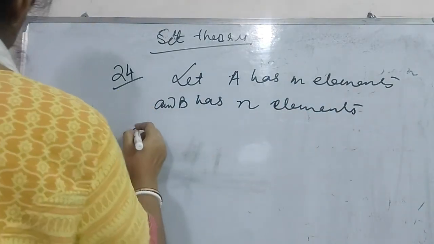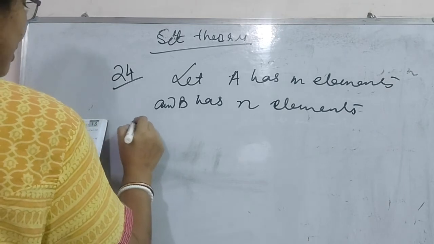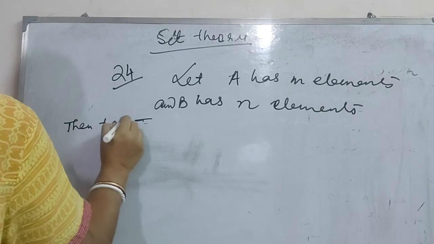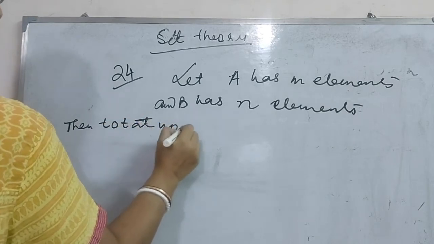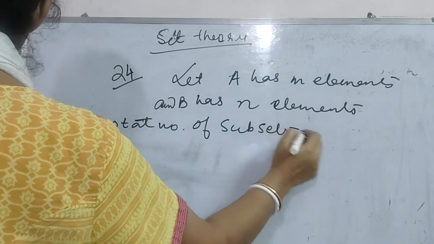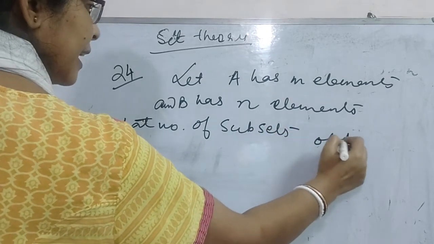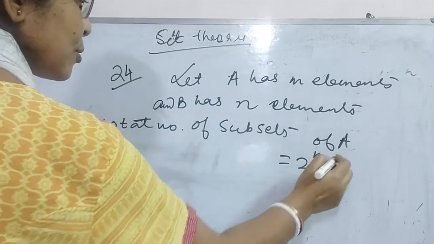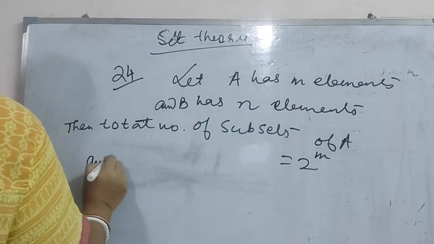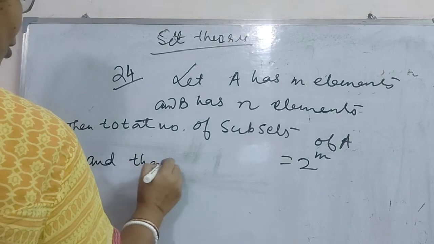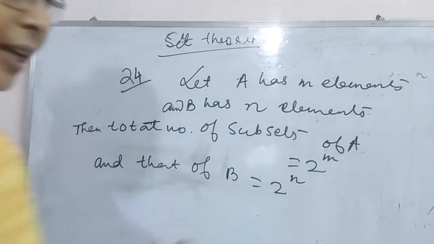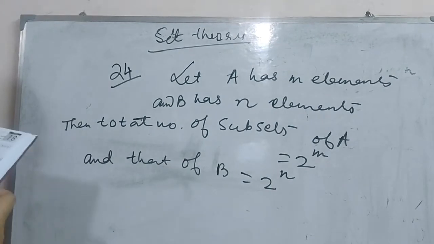Then the total number of subsets of A is equal to 2 to the power m, and that of B is equal to 2 to the power n, right.